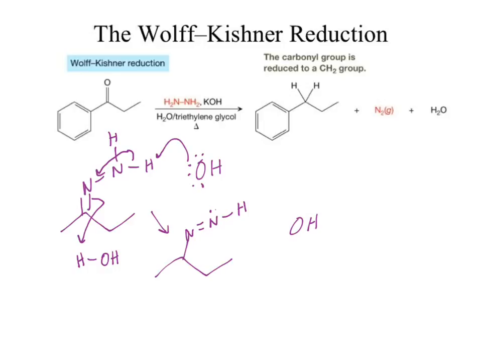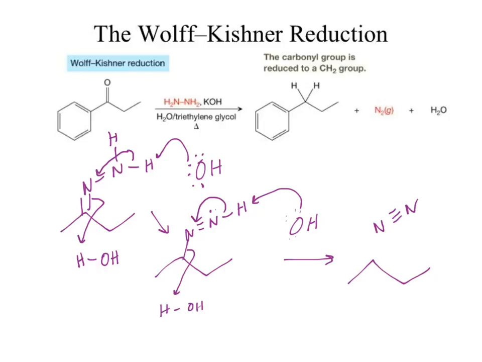With more hydroxide. I didn't show any of the resonance stabilized intermediates, but you should be able to identify those. You would end up with nitrogen, triple bond to nitrogen. What happened to the bond between the nitrogen and the carbon? It is gone.